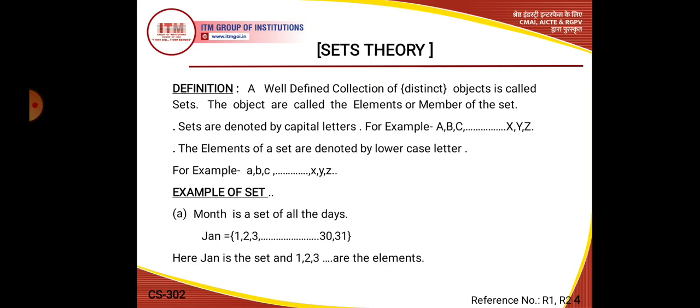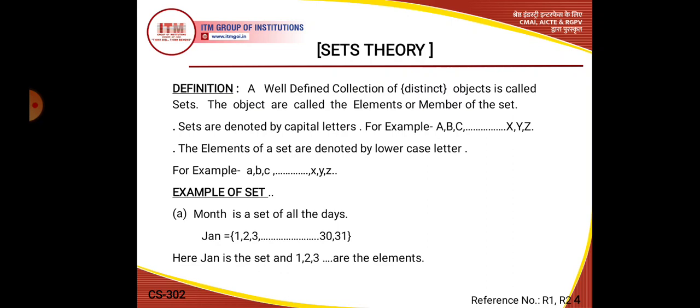Now, we are going to discuss set theory. The definition of set says a well-defined collection of distinct objects is called set. The objects are called elements or we can say members of the set.